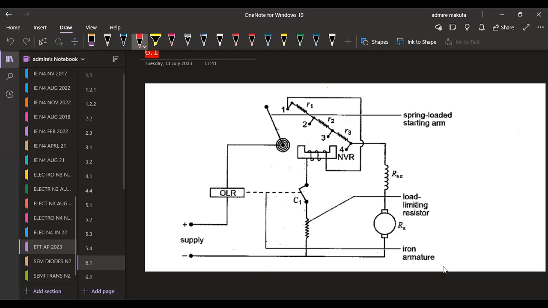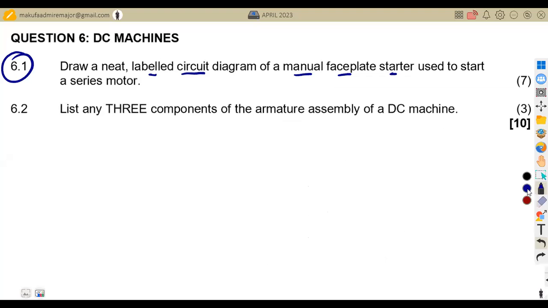We can also have this diagram in another way. I just hope I'll have it on another part. I had another diagram again, similar to this one.